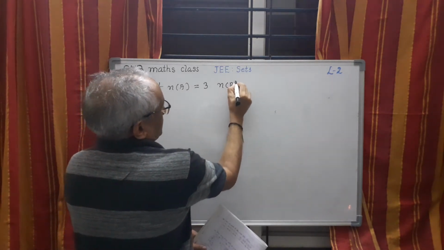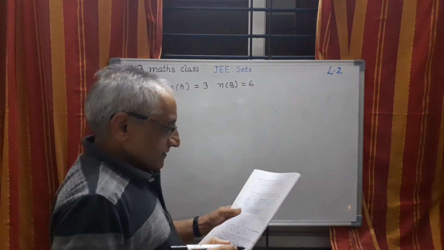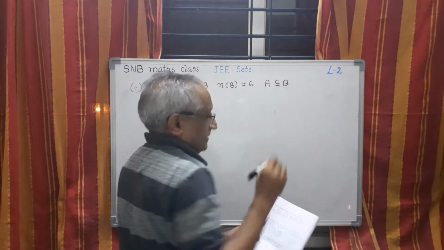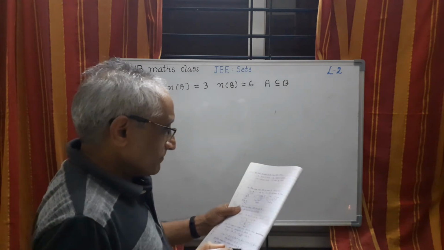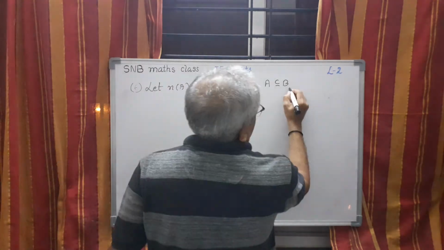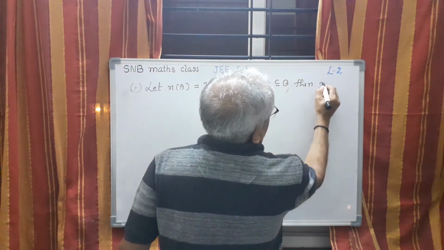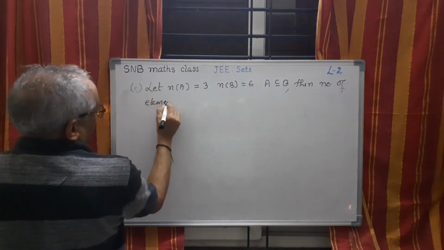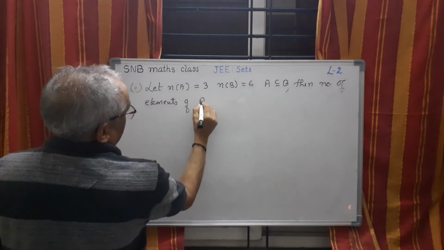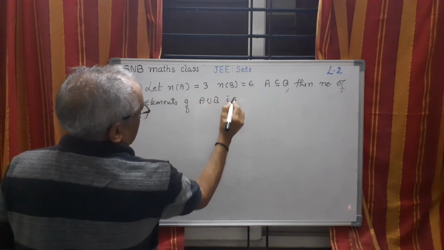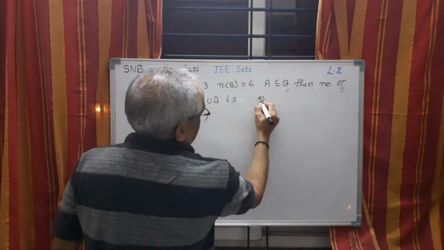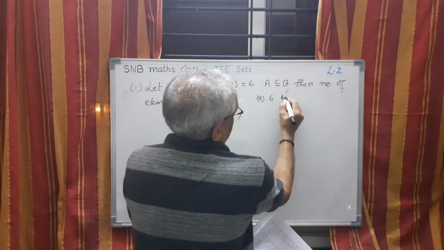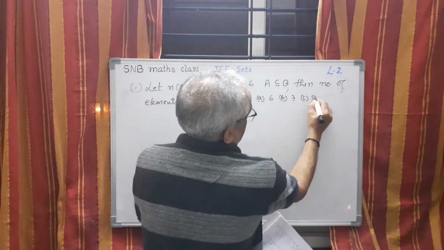Then A is a subset of B. Then the number of elements of A union B is. The options I will write here only: A is 6, B 7, C 8, D 9.